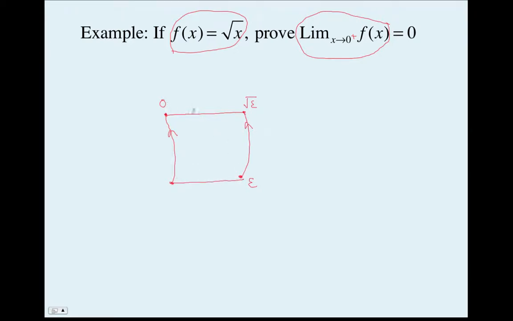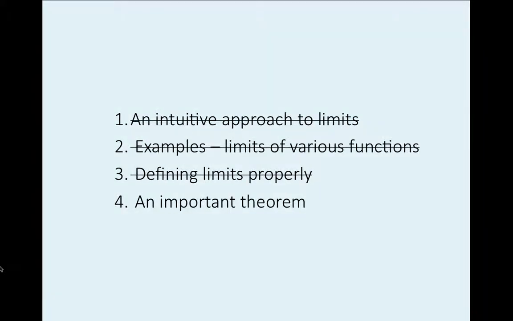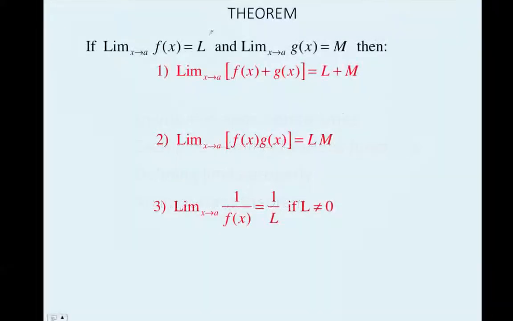As I make the value of epsilon smaller and smaller, you can see that this point will get closer and closer to 0, and corresponding to that, the x point will get closer and closer to 0 as well. Therefore, our definition is fulfilled, and f of x equals square root of x has limit 0 as x tends to 0.